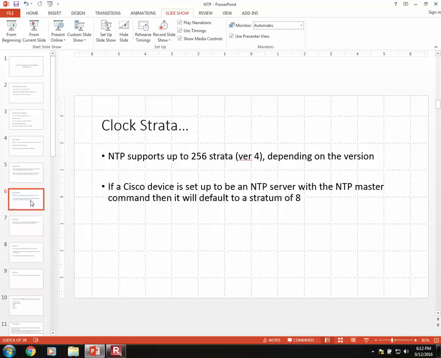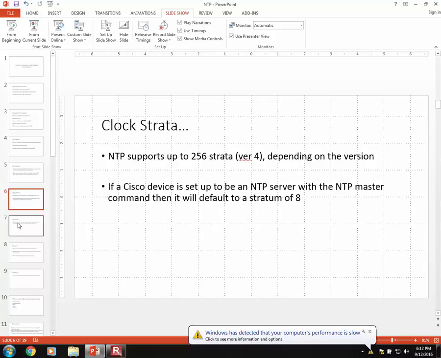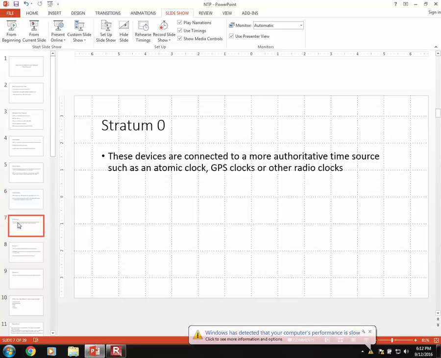If a Cisco device is set up to be an NTP server with the ntp master command, then it will default to a stratum of 8. So most Cisco networks start off with a stratum of 8, which is a little bit more manageable. So we start off with stratum 0. At stratum 0, you're going to have some sort of device like a cesium beam clock or an atomic clock, or maybe a GPS clock or some sort of radio clock.